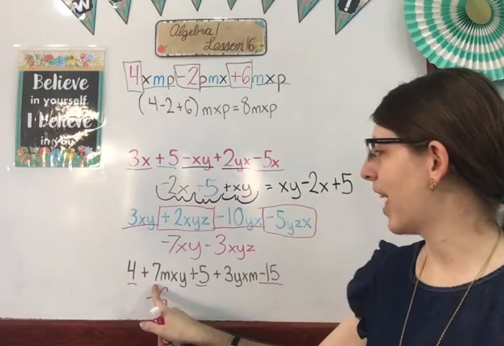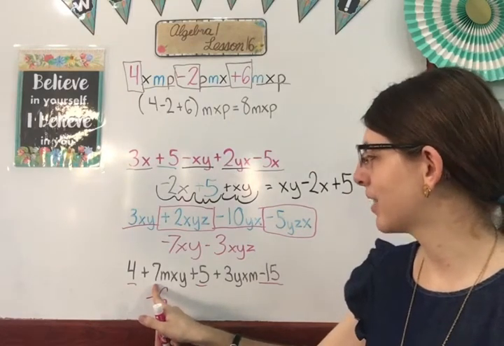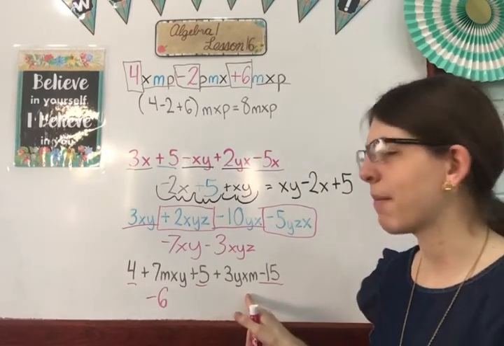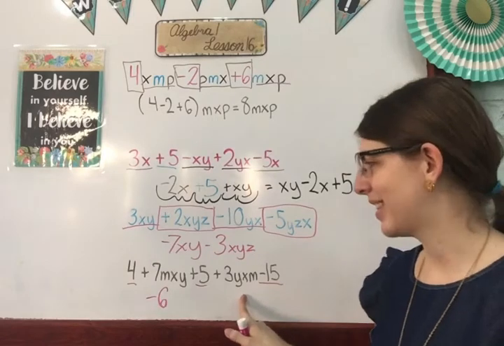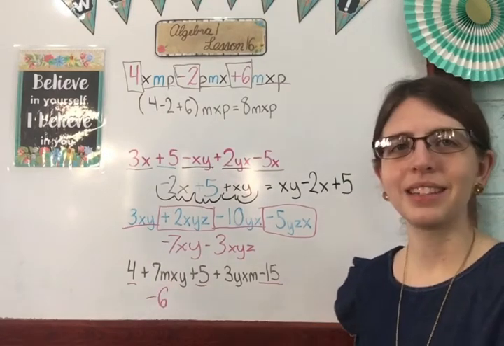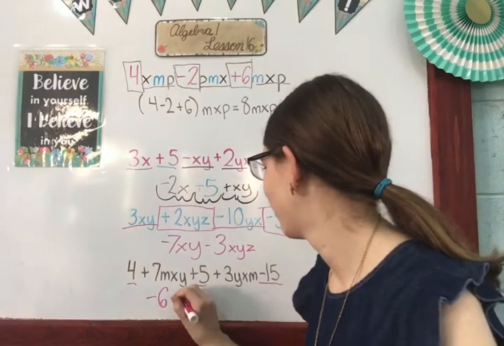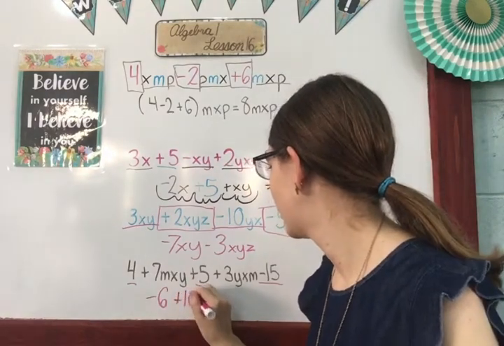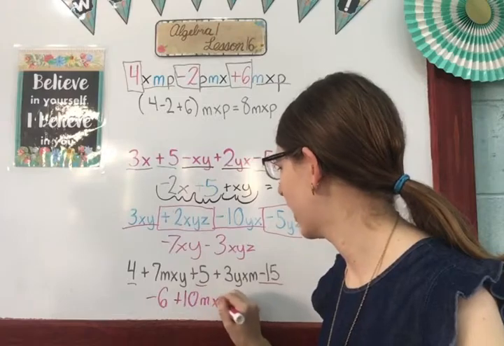Now I have what's left, 7mxy and 3yxm. Are those like terms? Yes, they are, because they have the same variables. So 7 plus 3 is 10mxy.